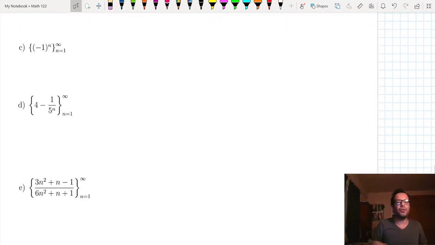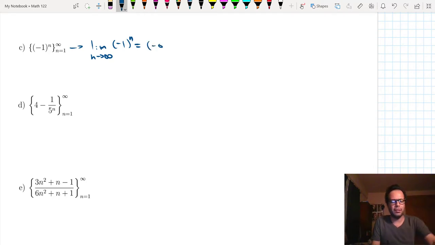Letter C will be a tricky one. Let's see how this works. We only have the sequence negative 1 to the n power. So we have the limit of negative 1 to the n power as n approaches infinity. This is going to be a little bit weird. Negative 1 to the infinity. What is this? Let's see what's going to happen.